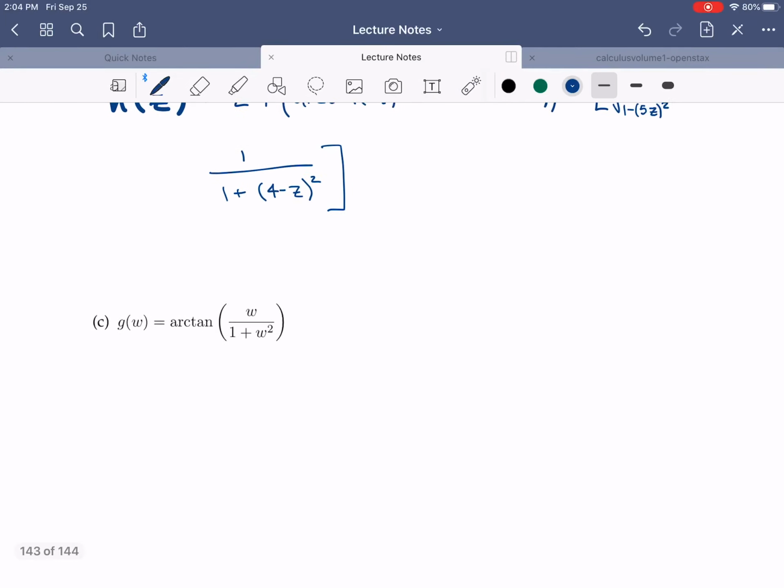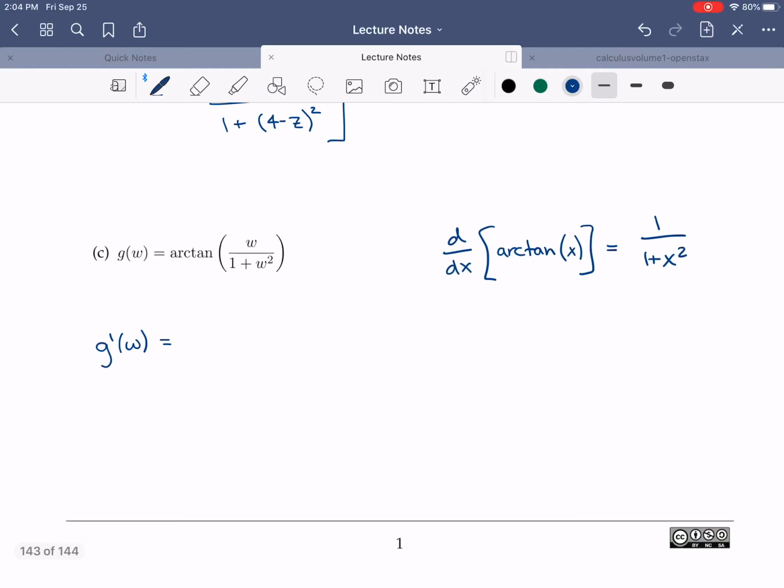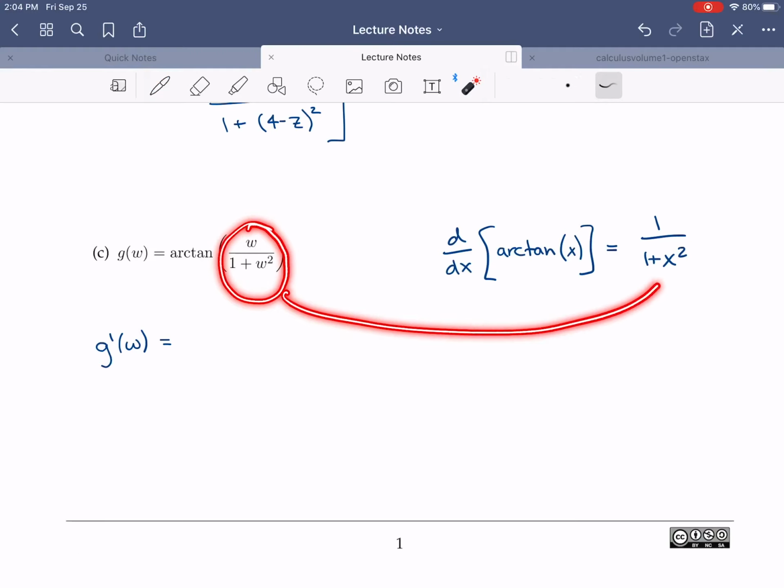All right, let's see the next part. g of w equals arctan of this value. So let me remind you that the derivative of arctan, or tan inverse of just x, is going to be 1 over 1 plus x squared. So in this case, if I think about g prime of w, I'm going to take this inner function and put it wherever there is an x value.